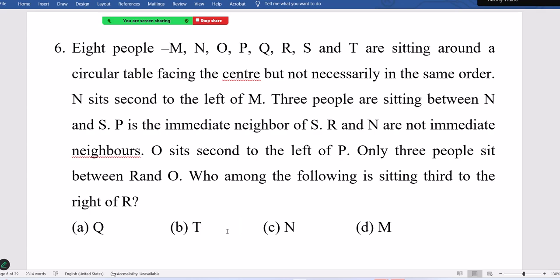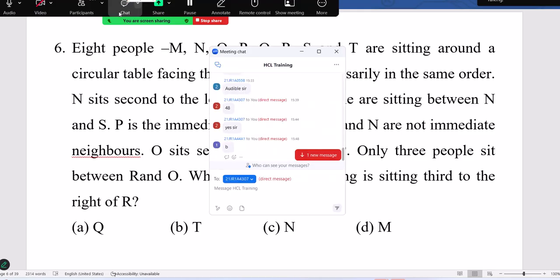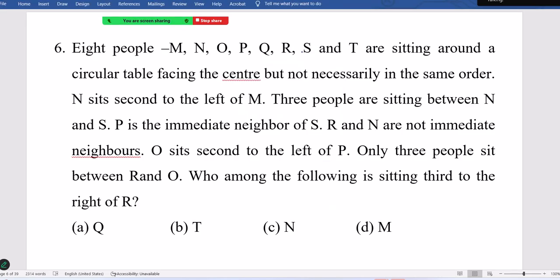Circular table by default facing towards center, and in fact here they mention facing towards center as well. D is the answer one of your friends conveyed. So here we have 8 people.